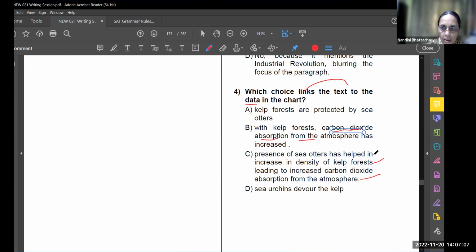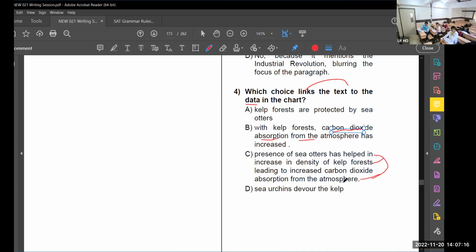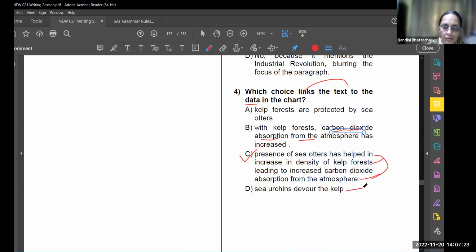So we can link the data from the chart to the text. So this will be the best option possible. And sea urchins devour kelp, that we cannot figure. Yes, we can say sea urchins do devour kelp, but that doesn't connect the text to the data in the chart. So C is the only option which is connecting the data in the chart with the text. Got it?